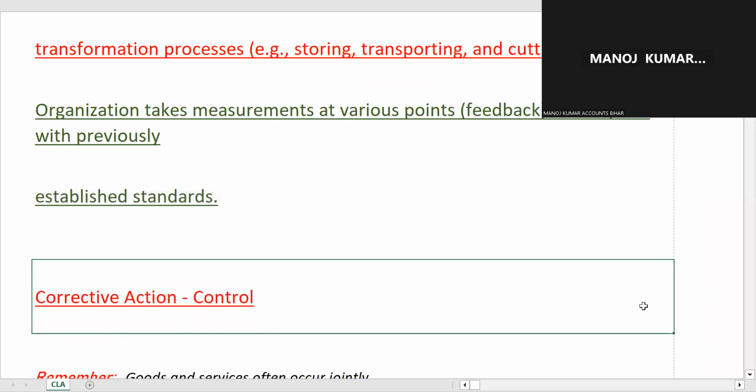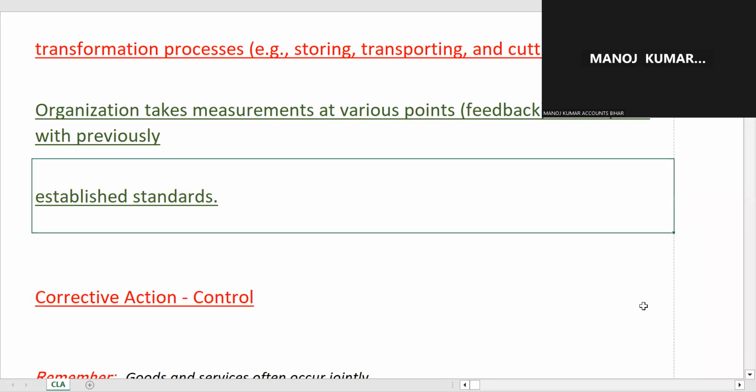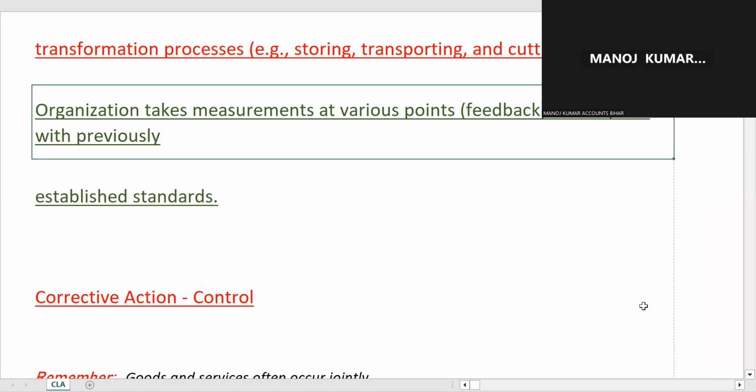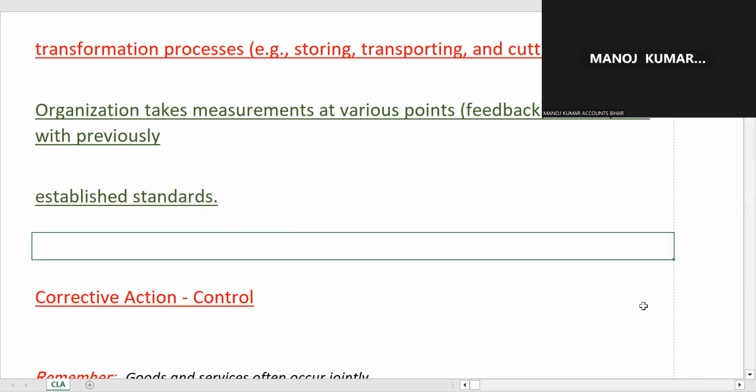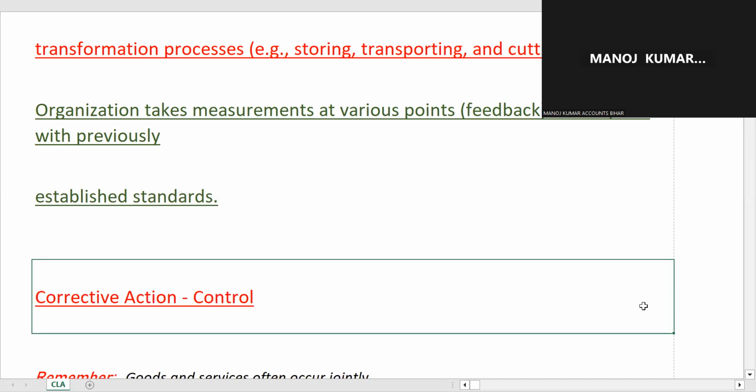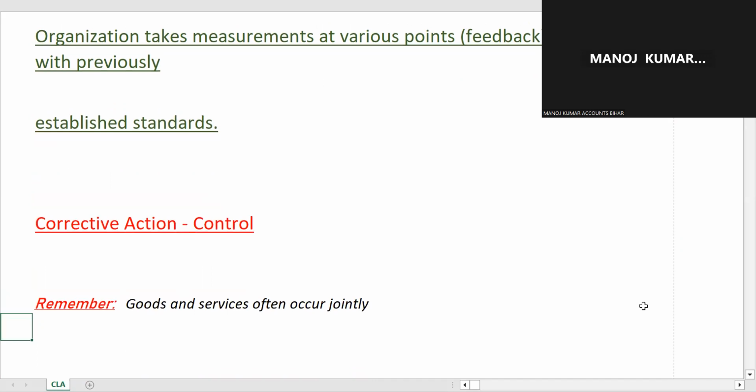So feedback is bringing standard and actuals together and showing the variance, and based on variance, corrective action is initiated using the control function. Corrective action is always a managerial action, not at the employee level.